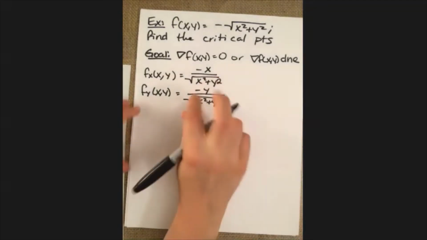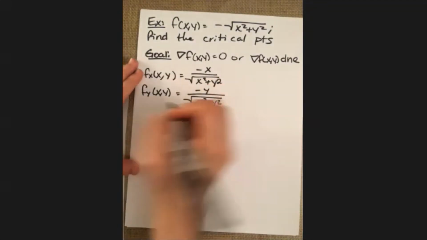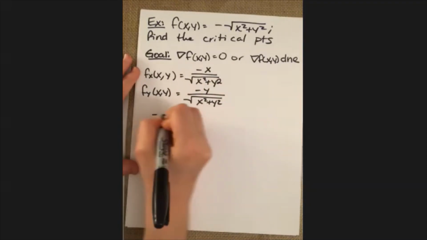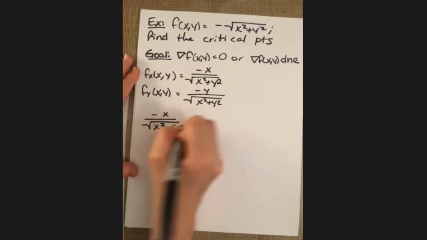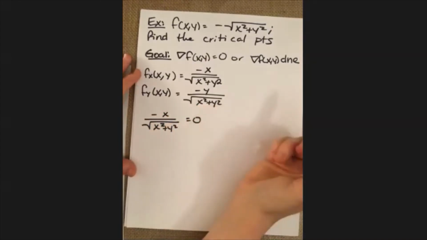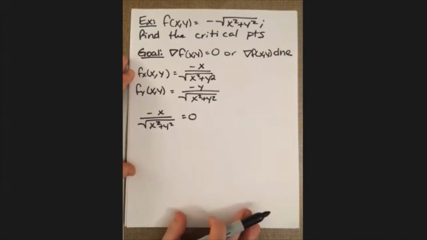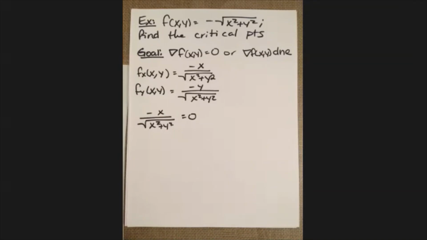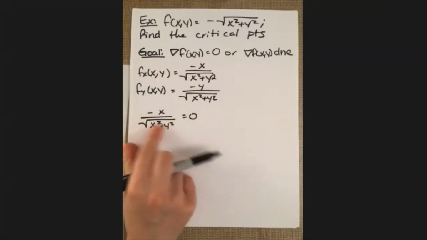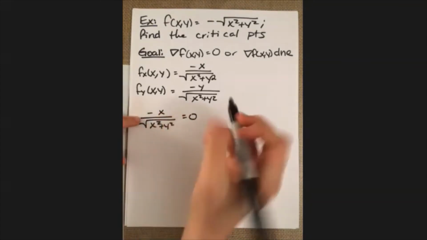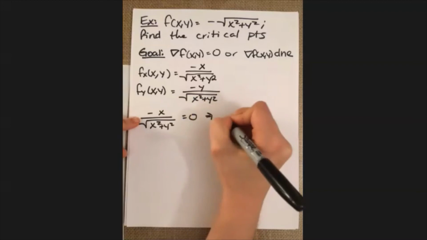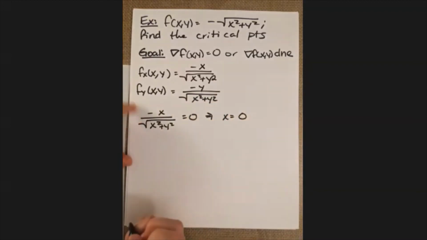So now we're just going to set these equal to 0 and solve for x and y. So if we have negative x over the square root of x squared plus y squared equal to 0, well, kind of similar to the last problem, where the exponential function doesn't really contribute anything to the function being equal to 0, the denominator here really doesn't contribute anything to this being equal to 0 either. So this means that we must have x equal to 0.